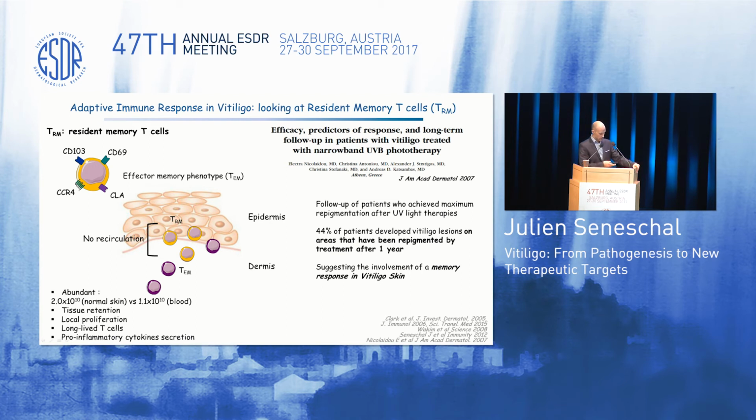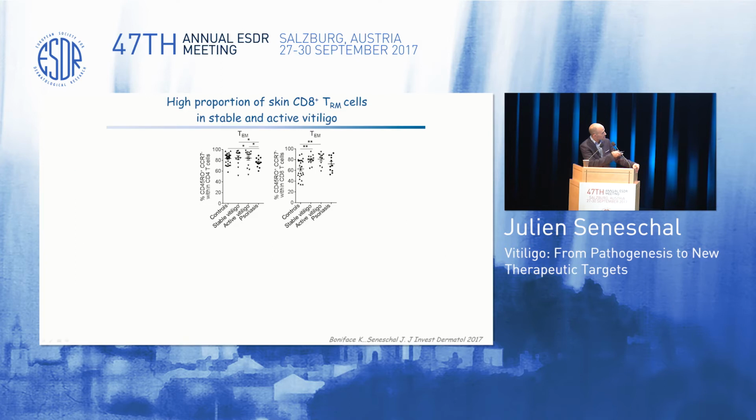Next, we clearly found, here the example of CD8, that the CD8 effector memory T cells express a residency marker in patients with active vitiligo, but strikingly, we could not find any difference between patients with active vitiligo compared to patients with stable vitiligo.